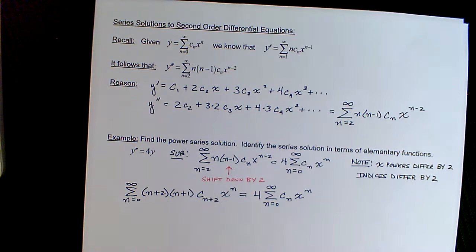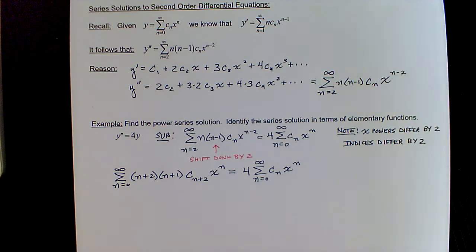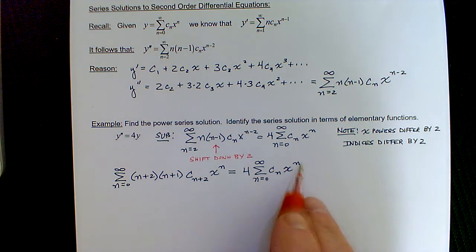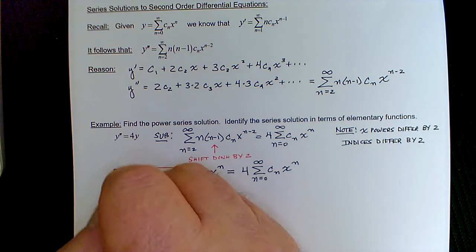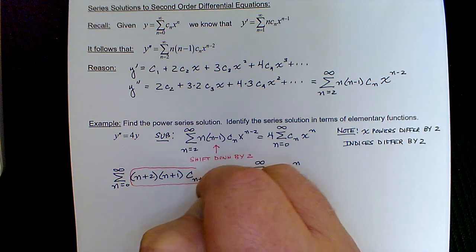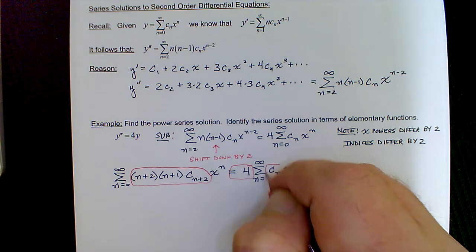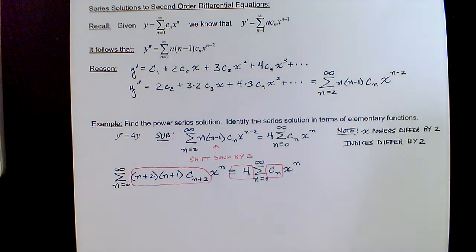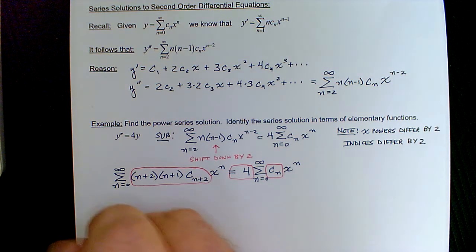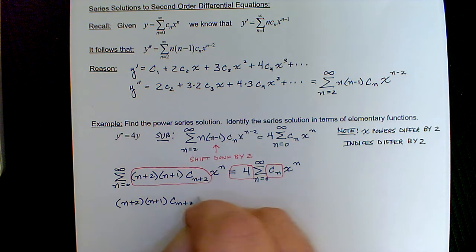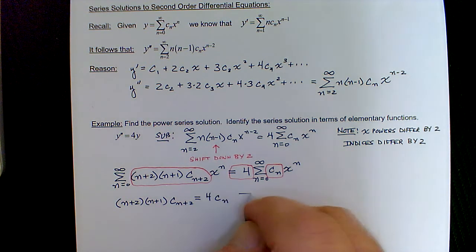Okay, so now looking at that, we see we could use the identity principle, because the indices are the same and the powers on the x are the same. So then just take out the coefficients. Don't forget the 4. And so we could state that n plus 2 times n plus 1 times c sub n plus 2 is equal to 4c sub n.